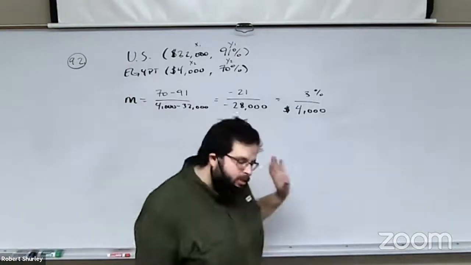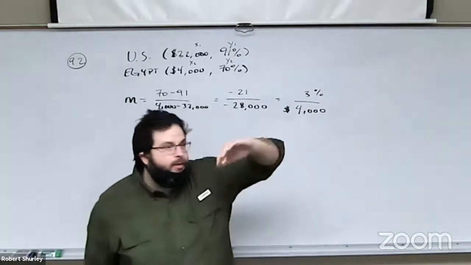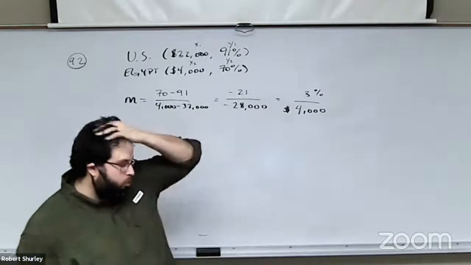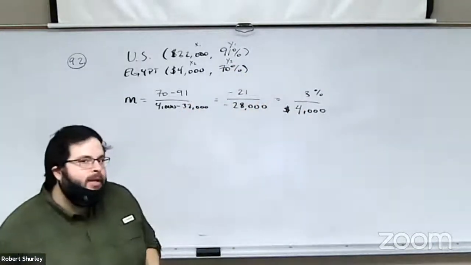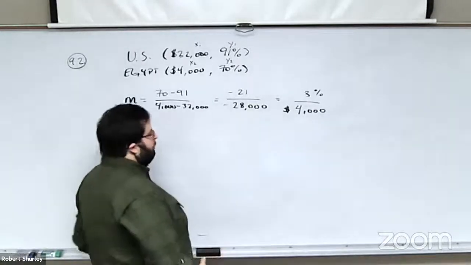What does that tell us? Actually, it tells us a lot. Now, that trend line that cuts through, the slope is 3 over 4,000. So what that means is, I'm going to write this down.